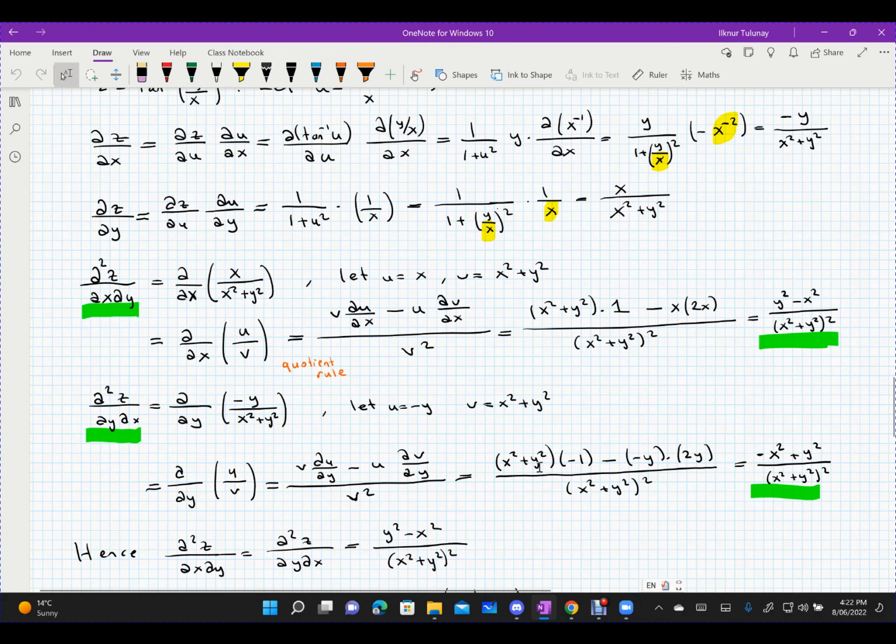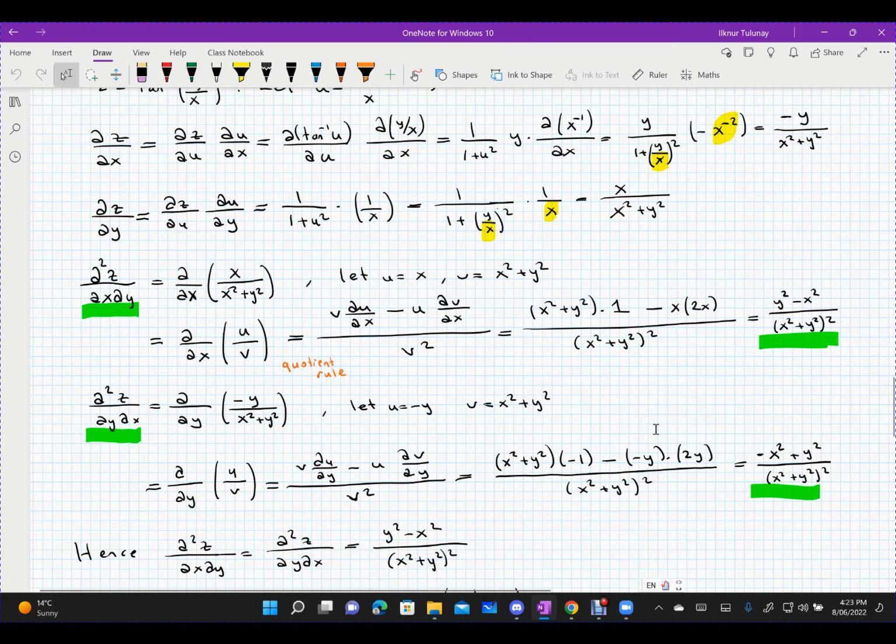Okay, here the v is x squared plus y squared, the derivative of u with respect to y is just minus 1. Then u is minus y, which is that guy. And then we are taking the derivative of v with respect to y, which is just 2y.